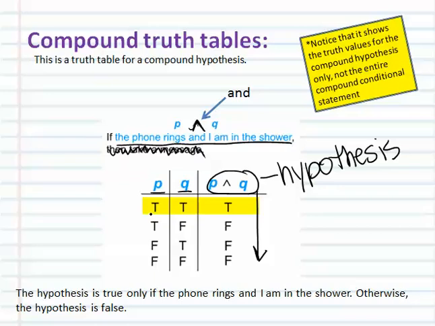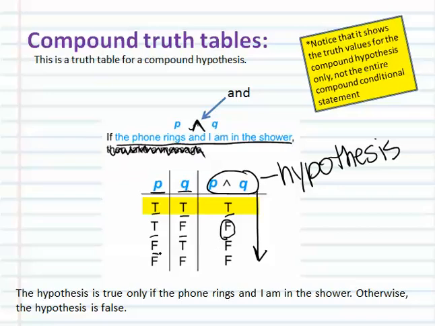So for this first row, P is true, Q is true, therefore P and Q is true. The next one, P is true, but Q is false. Now, are P and Q true? No, therefore it's a false value.